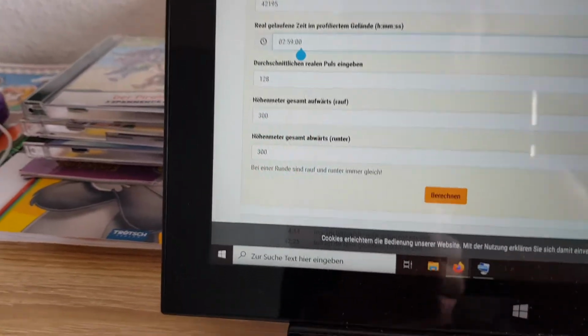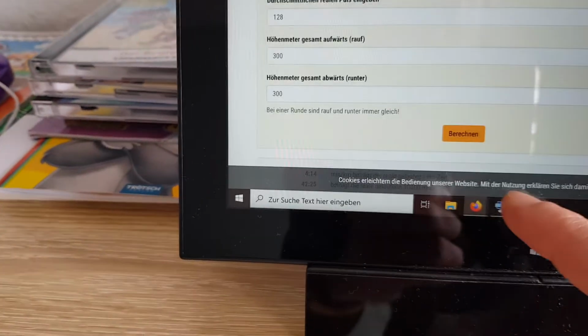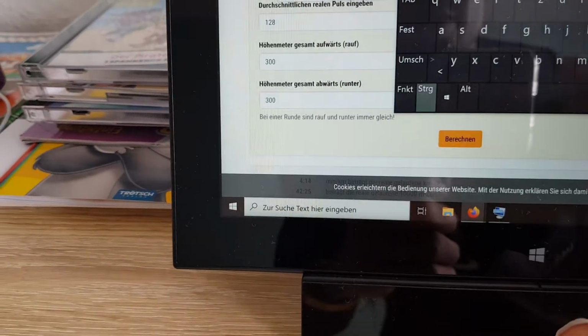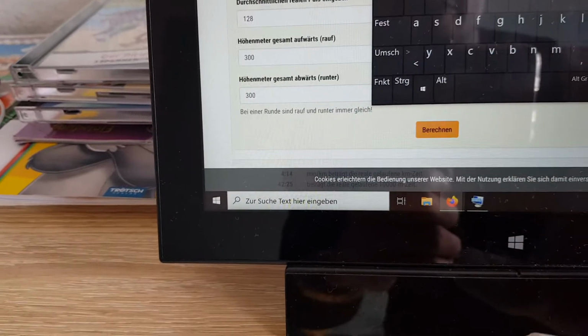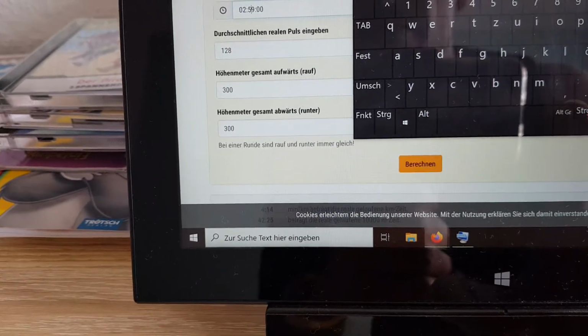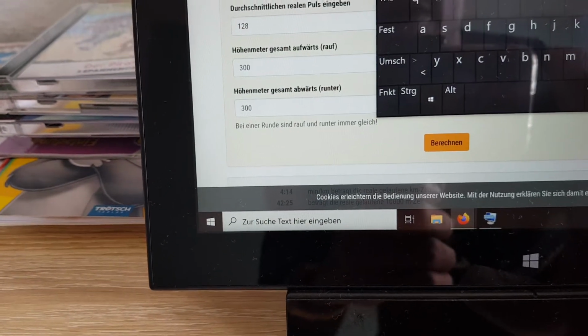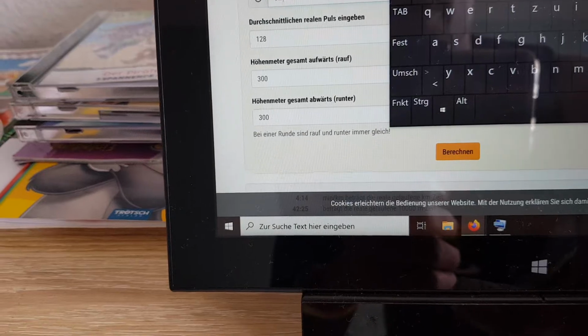I would just try out and enter multiple values here. Let's try with 5 minutes slower. That's the way I managed to find my predicted time, because you have to calculate the other way, not downwards but upwards.